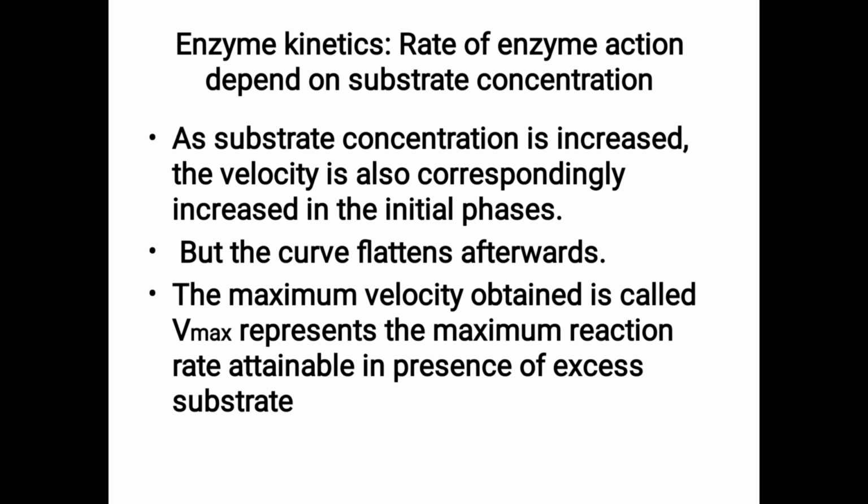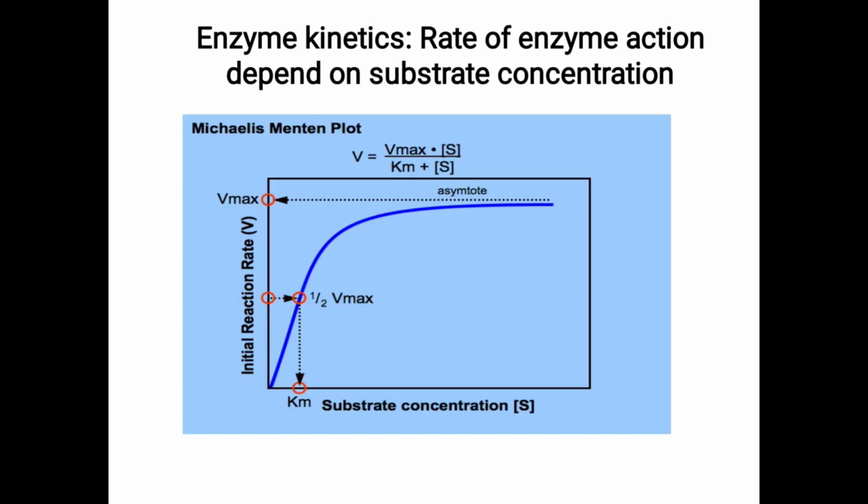As substrate concentration is increased, velocity also correspondingly increases in the initial phase, but the curve flattens afterwards. The maximum velocity obtained is called Vmax. Vmax represents the maximum reaction rate attainable in the presence of excess substrate. You can see Vmax at the top on the left side, the maximum velocity attainable.